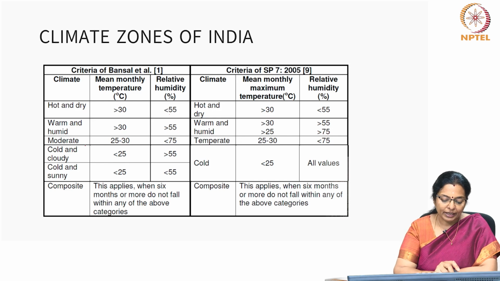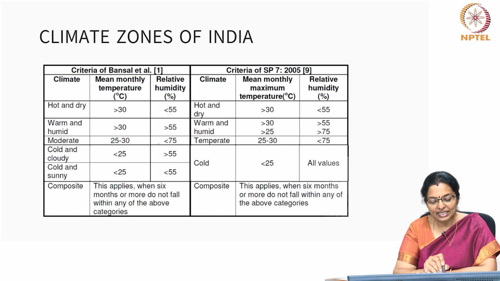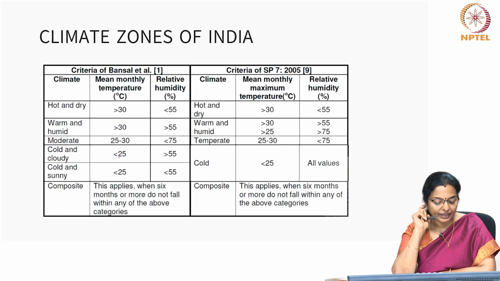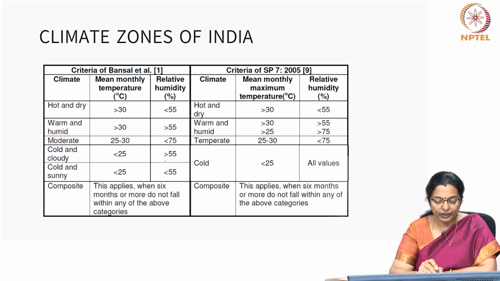For moderate climate, also known as temperate climate in SP7, the mean monthly temperature ranges between 25 degrees to 30 degrees and the relative humidity is less than 75%. This is the same with SP7. Bansal classifies cold and cloudy climate for which the mean monthly temperature should be less than 25 degrees centigrade and the humidity should be greater than 55%.